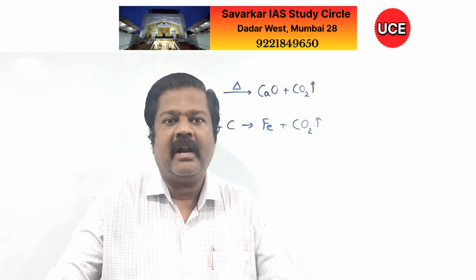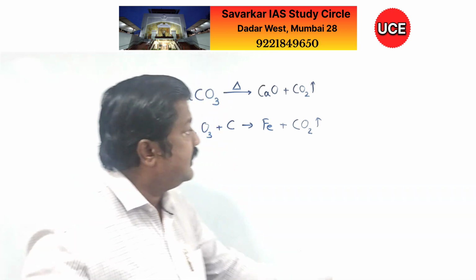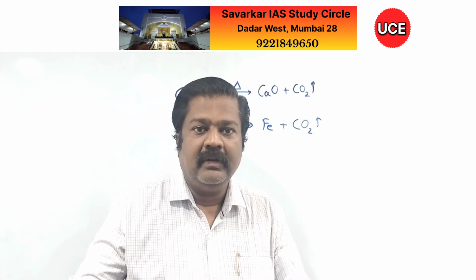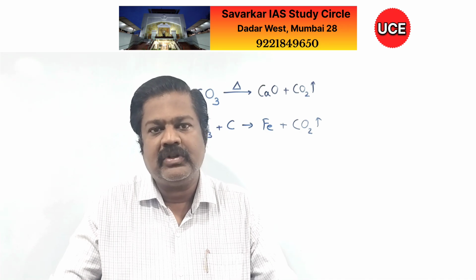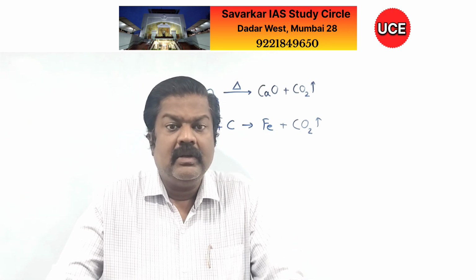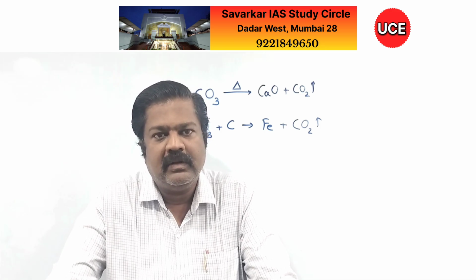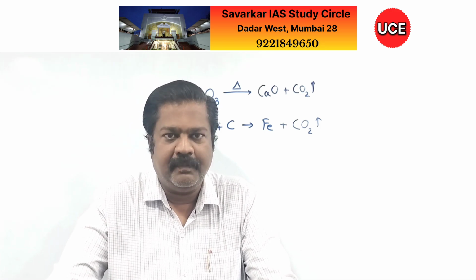Now when we decompose the substance and finally get something, say for example here I am getting iron. In the previous reaction I was getting either hydrogen or oxygen or both. On further decomposition, that substance should not undergo decomposition.